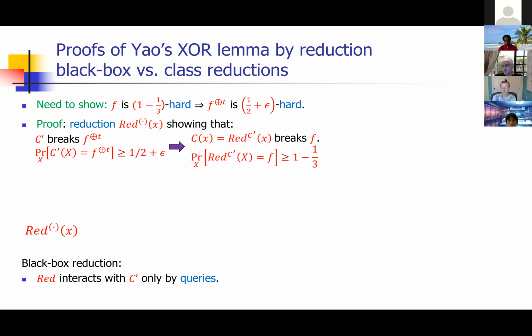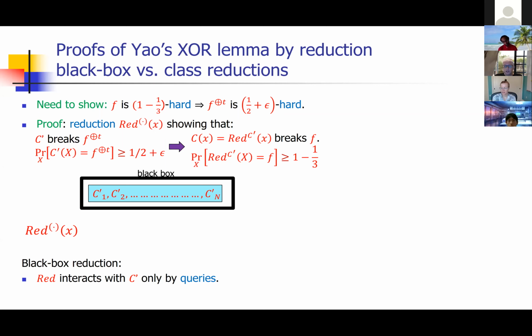But a second requirement that we make from black box reduction is that for every function C prime, even an inefficient one that breaks the target function F XOR T, the reduction needs to break F when given oracle access to C prime, even if C prime is inefficient, which is not necessarily something that we need in order to prove a lemma.